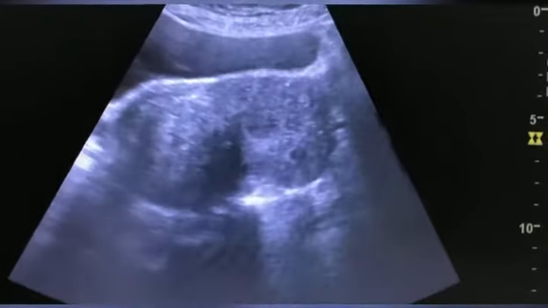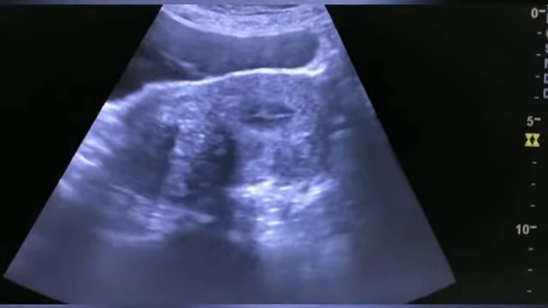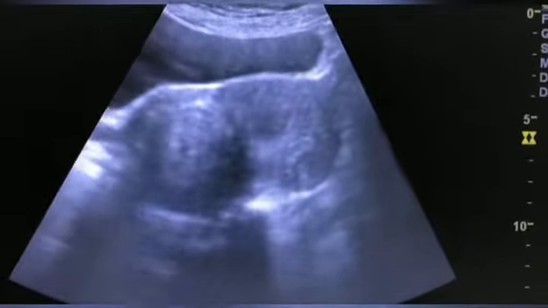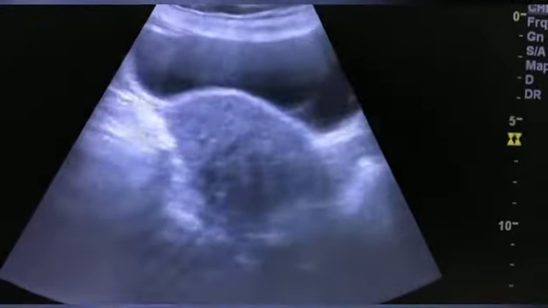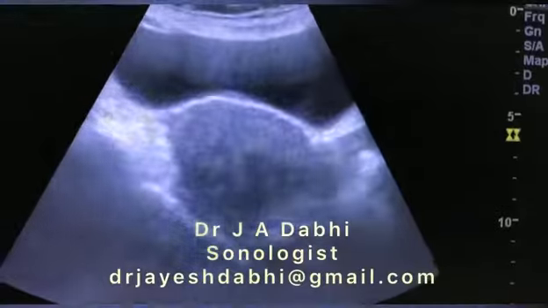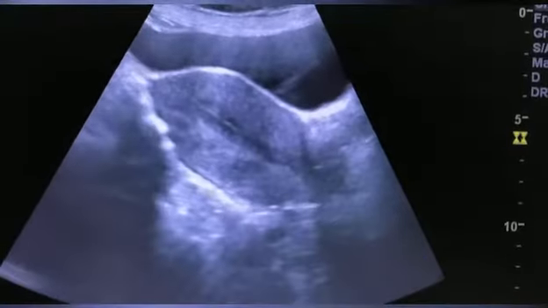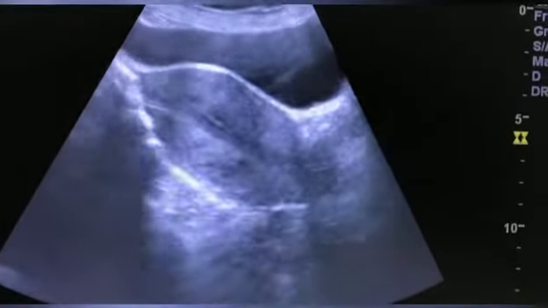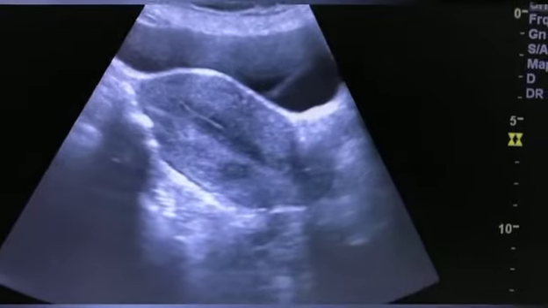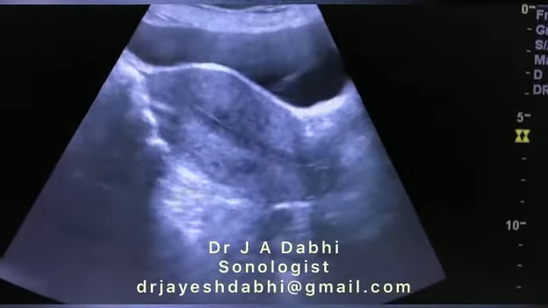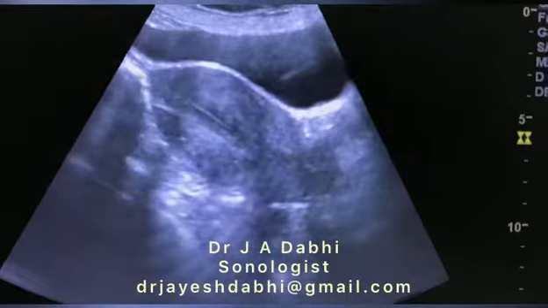So let us now see the protocols. First of all, you have to determine whether it is right or left. So you have to scan the uterus and take the mid sagittal section. How will you determine that it is mid sagittal section?